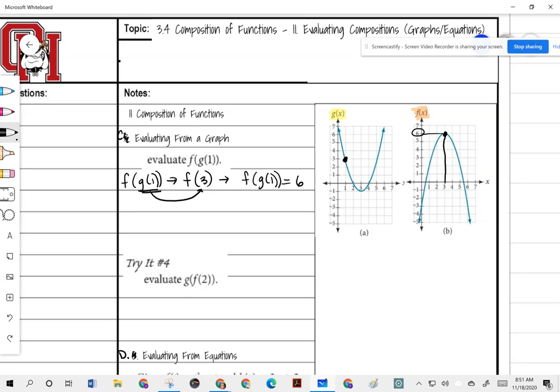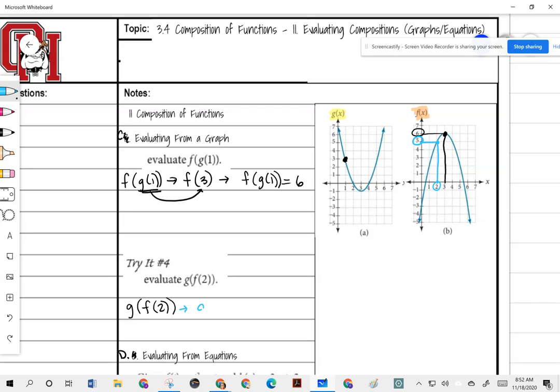Right? So now let's have you try it. Evaluate g of f of 2. Okay, so in this case, when the x is 2 on the f function, your output is going to be 5.